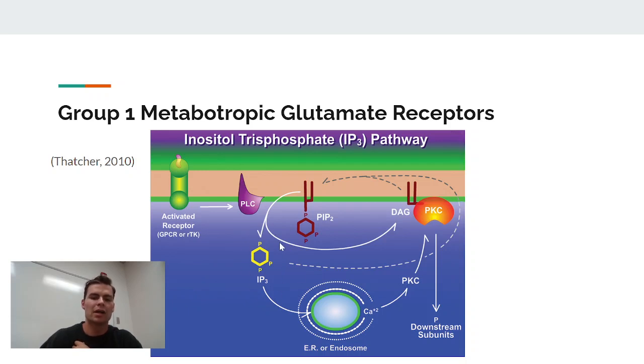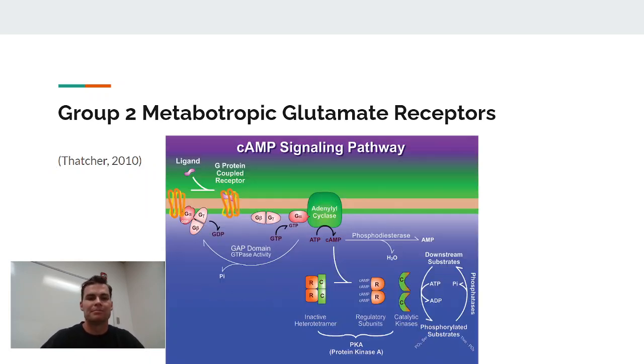This molecule is going to travel through the cytosol to the endoplasmic reticulum and bind to receptors there, which are going to open calcium channels, which is going to raise the calcium levels in the cytosol. This is going to induce a lot of different metabolic pathways and effects and activate different proteins that we're not going to talk about for the sake of time.